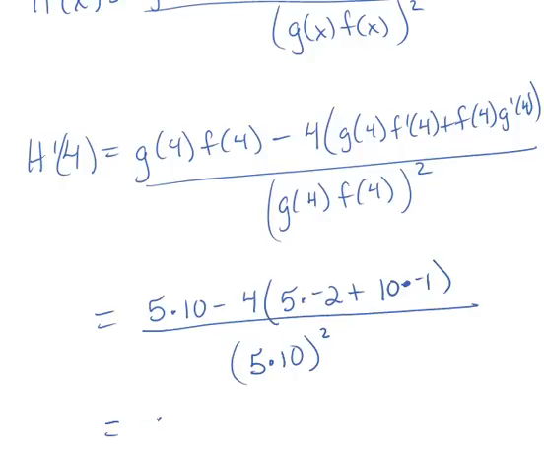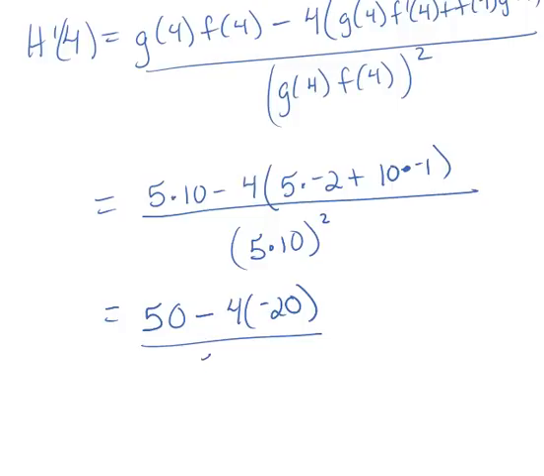All right, so this is 50 minus. This is -10 and this is -10, so that's -20, and so that's 4 times -20, right? All over 5 times 10 squared.